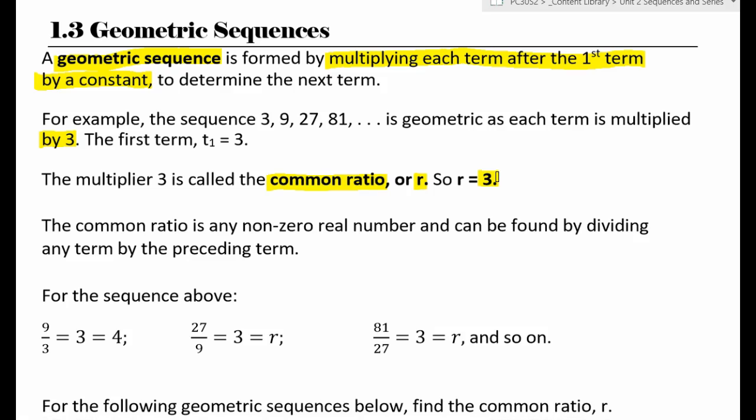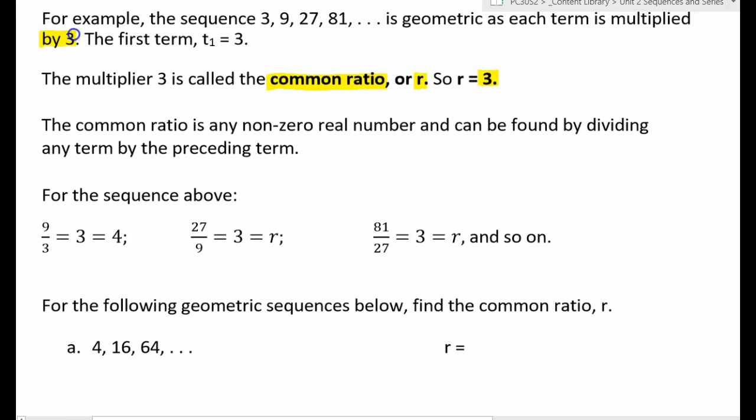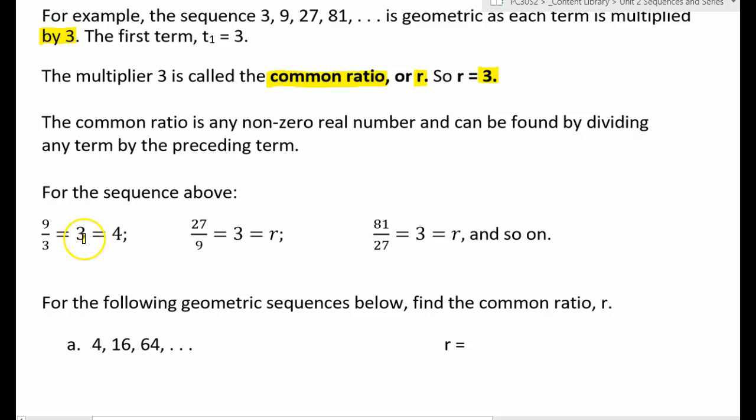The common ratio can be any non-zero real number. So it can be positive, it can be negative, it can be a decimal, it can be a fraction. Anything that isn't 0, that also isn't the square root of a negative, is fair game. There's a typo there. Okay, so 9 divided by 3 equals 3, which gives me my R value.